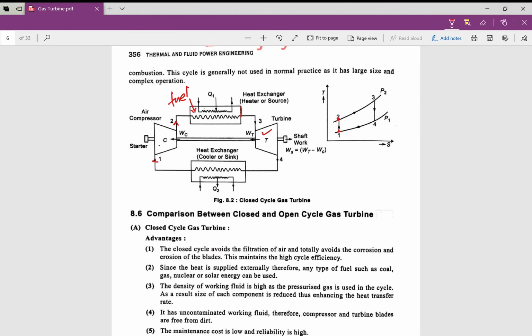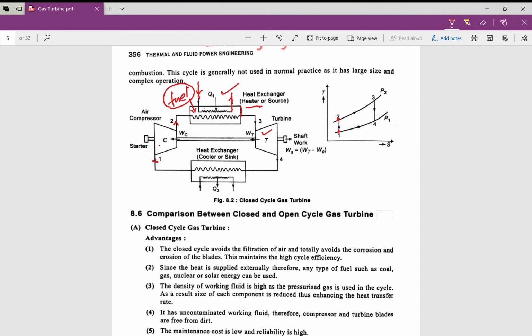Here in this combustion chamber, there is a heat exchanger, that is, we may supply water from outside over here. Heat exchange takes place. Here heat Q1 is supplied, that is heat by the burning of fuel.